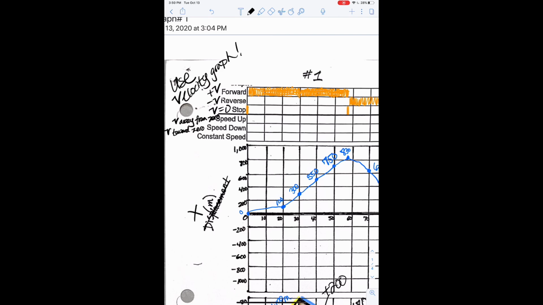And notice I don't care if it's positive or negative. That does not determine speed up or speed down. I just care, is the velocity going away from 0 or towards 0? And for a constant speed, once again, I don't care if it's positive or negative. We want to keep the same velocity to have constant velocity.